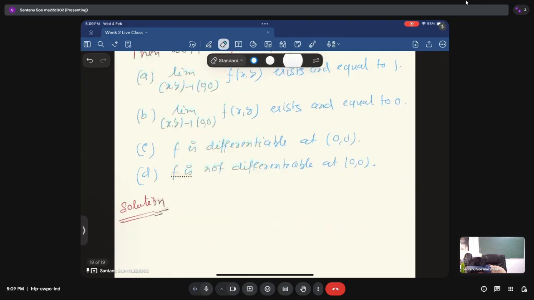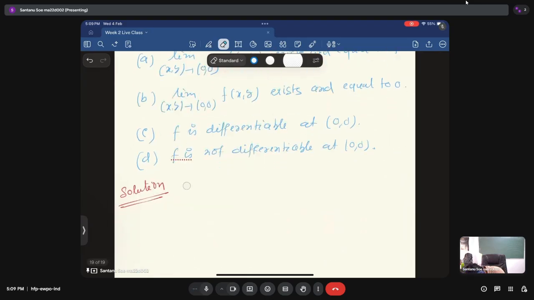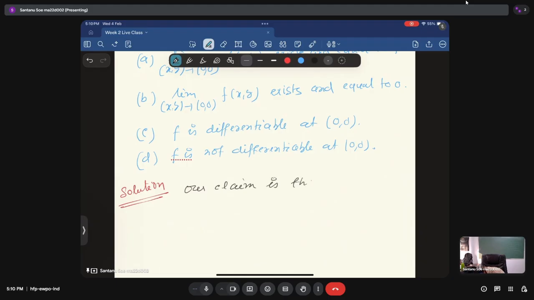So we are claiming that limit (x,y) tends to (0,0) of f(x,y) is 0.